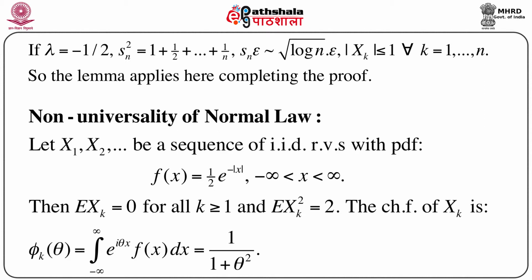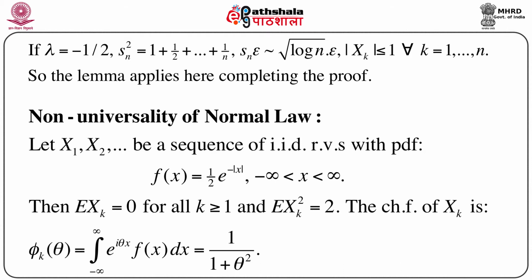That means, although we have a notion that whenever we have some kind of normalized sum, or if we want to investigate the behavior of a statistic when the sample size is very large, then as n goes to infinity this random variable converges to a standard normal variable in distribution, that is not always true. This example will clarify this thing.